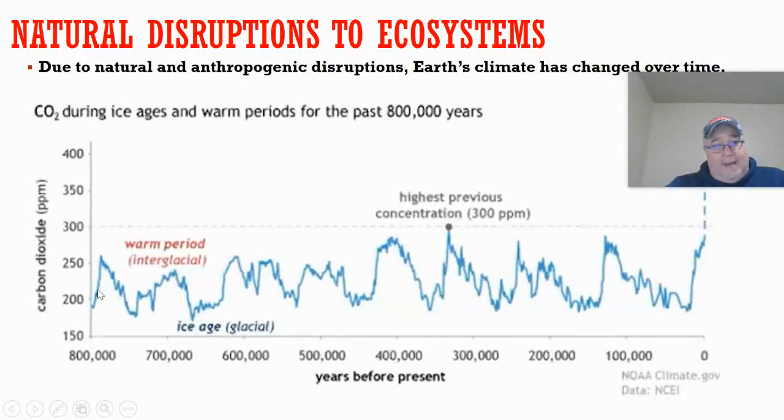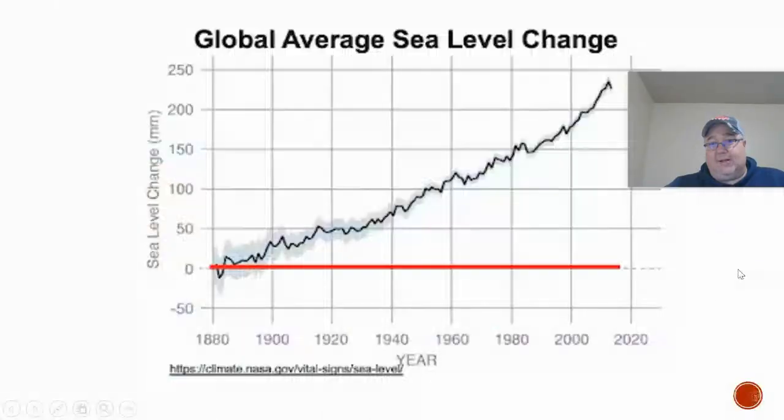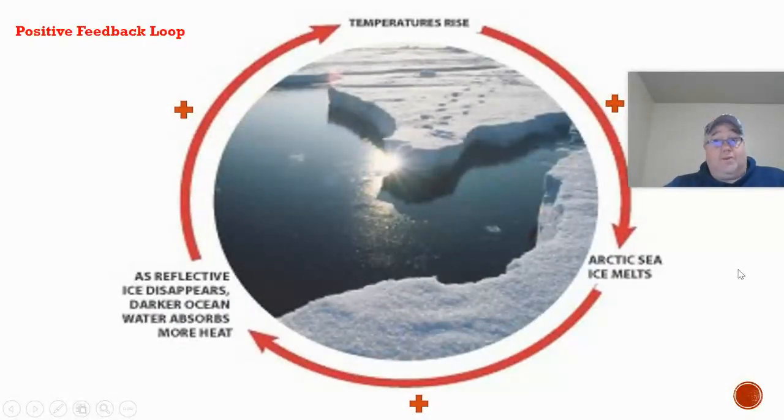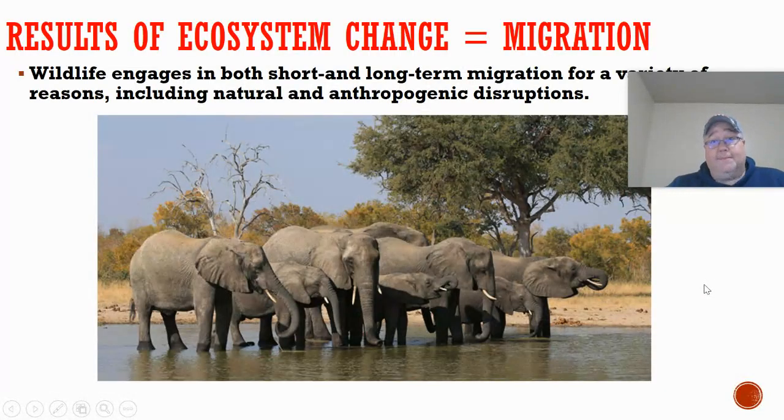This is what was happening naturally for 800,000 years. All of a sudden, you add us to the mix, and now look at what's happened to those levels of carbon dioxide. So we're the ones that have caused this problem, and we're going to have to be the ones that fix it. When it comes to environmental issues, probably the number one thing we have to look at is carbon emissions and carbon dioxide gases going up into the atmosphere to stop things like this from happening.